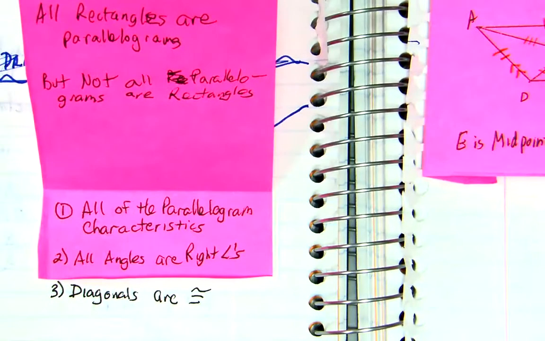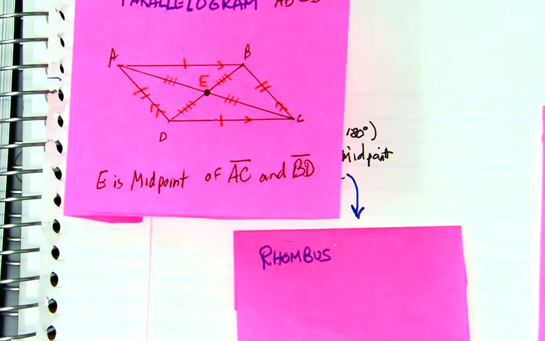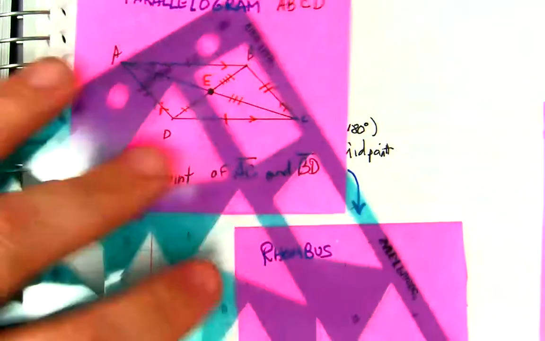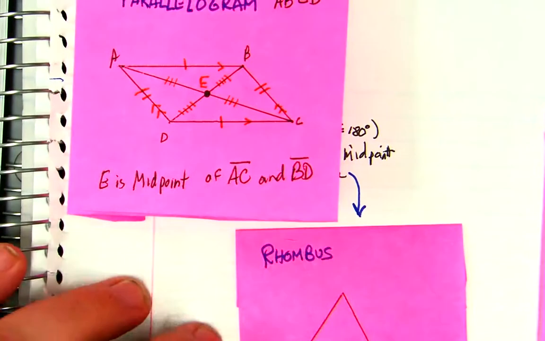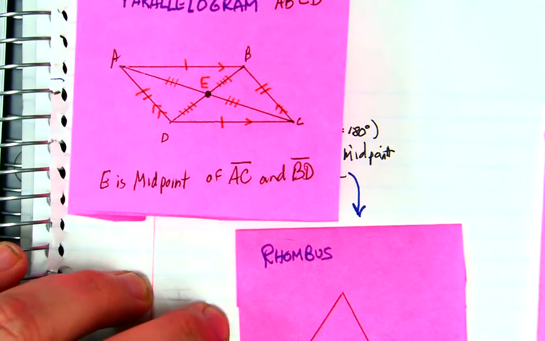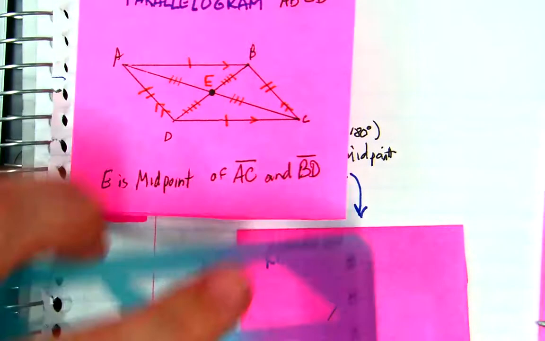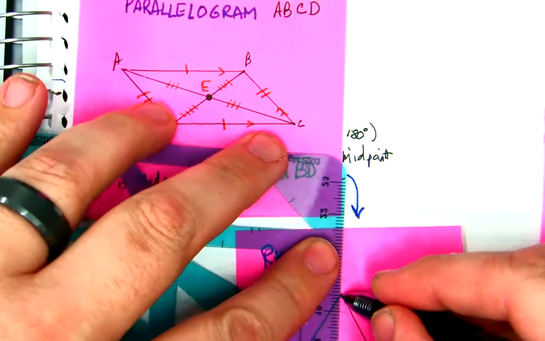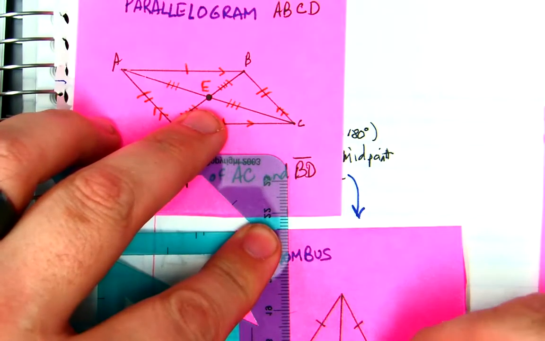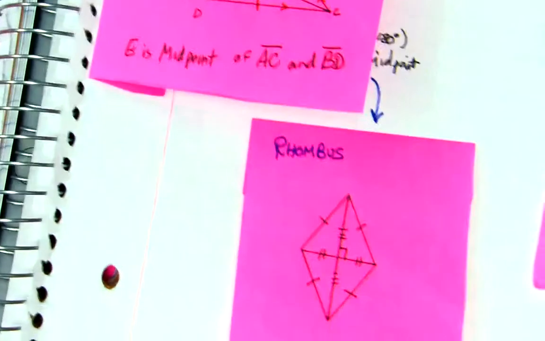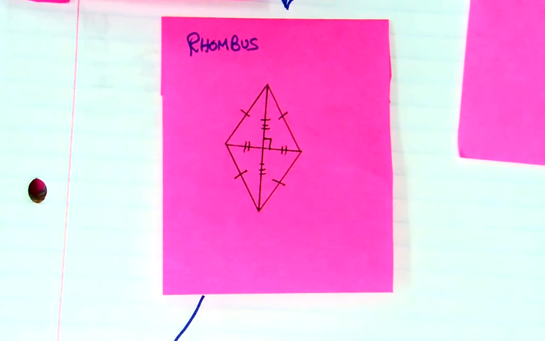All right, we're going to move on to rhombuses. No, that's not a kite. I'll show you what a kite is soon.